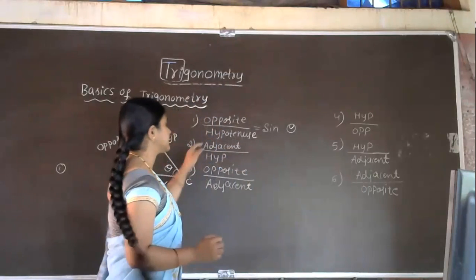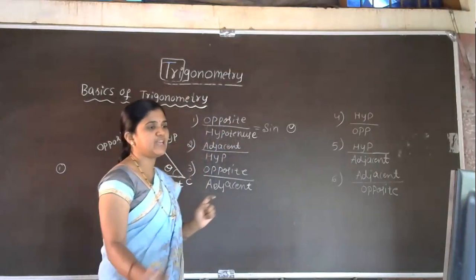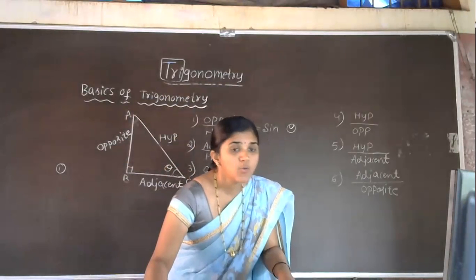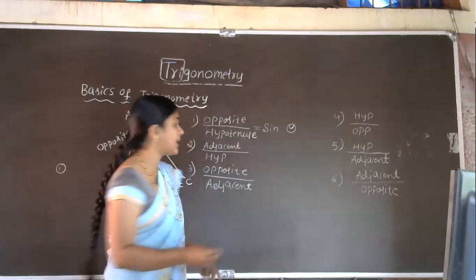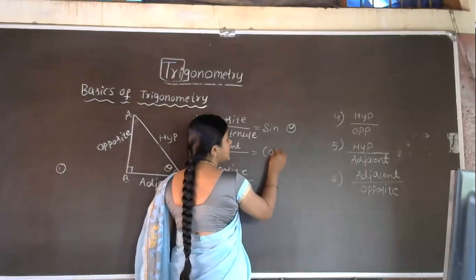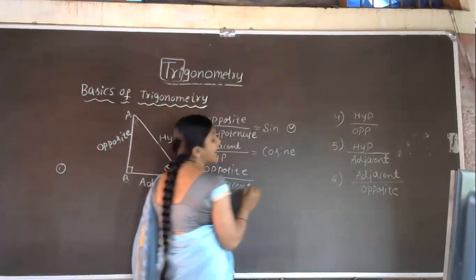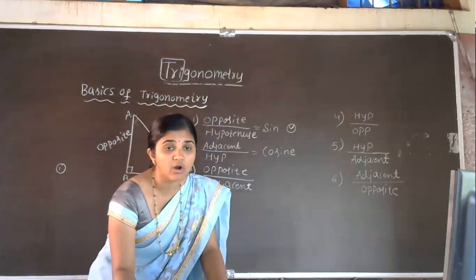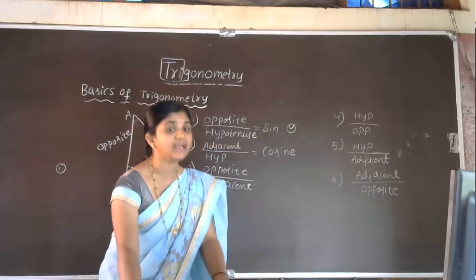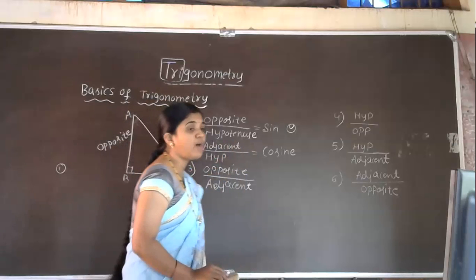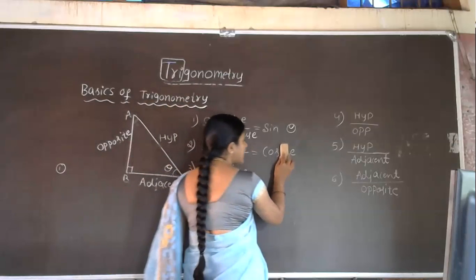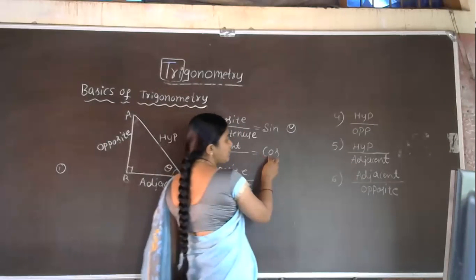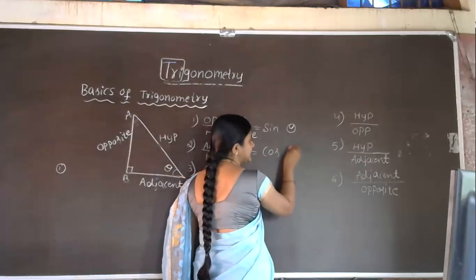Okay, next one is adjacent by hypotenuse. Look at this second one. What we call this adjacent by hypotenuse is cosine of angle theta. Cosine. This is the long form, but in the short form we take the first three letters only, that is C-O-S, cos theta.